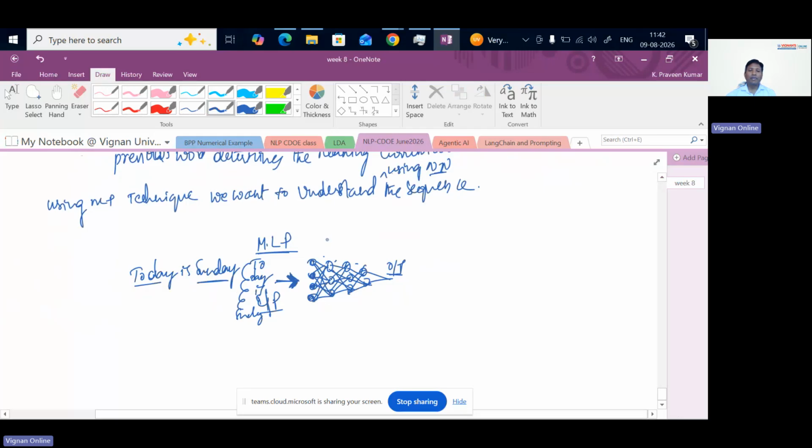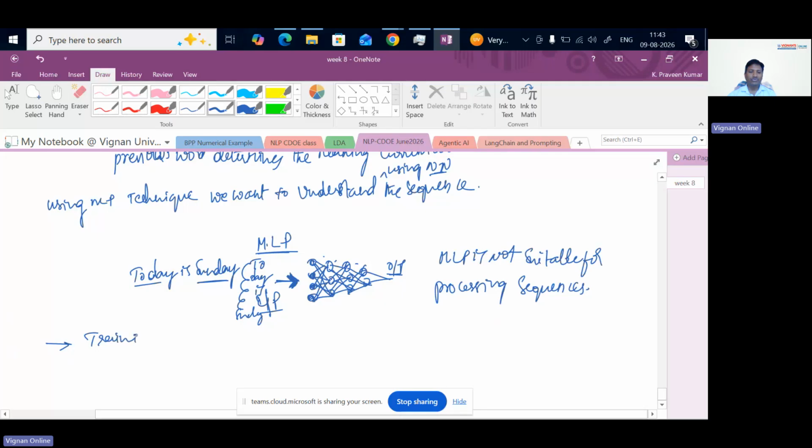So this MLP is not suitable for processing sequences. Because the first step is training.